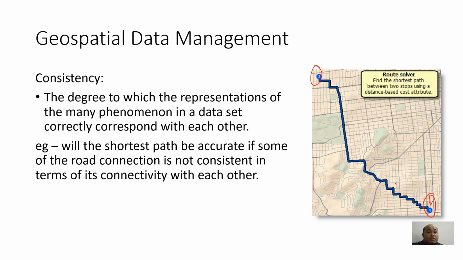Let's say the data quality of this shortest path isn't the best one because it is identified later on that there are missing road connections here.